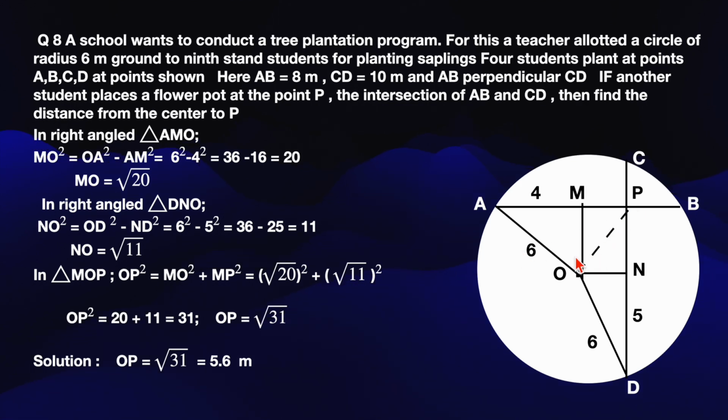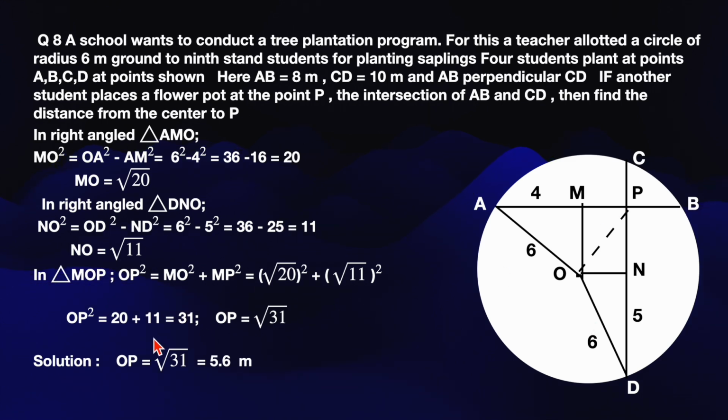OP square is equal to MO square plus MP square. MO we found as root 20, so MO square will become 20. Plus MP. MP is equal to NO, is it not? The same distance. We found NO as root 11.